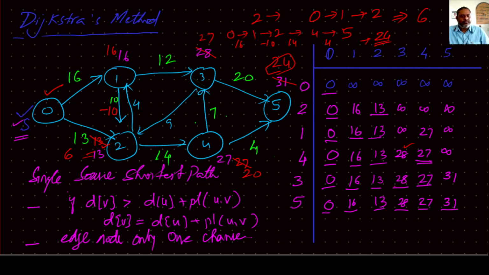That's the logic of Dijkstra's algorithm, and that's going to be a big problem in general application. So we can't apply this Dijkstra's algorithm in general, because a general problem may have negative edges.